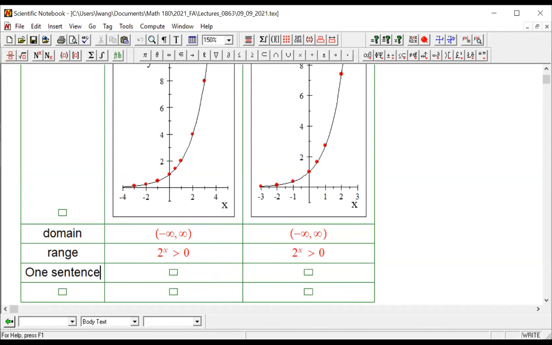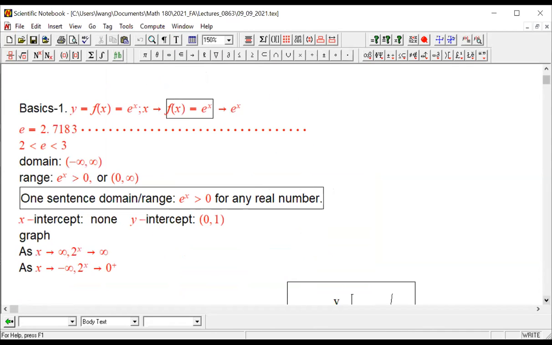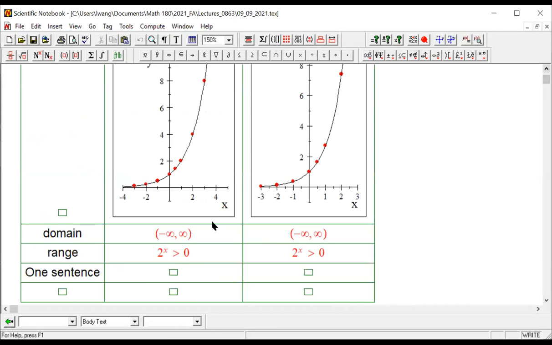Domain, range. 2 to the power x is larger than 0. I'm going to use a little mathematical notation here for all x. So this is going to be e, and that's going to be that.